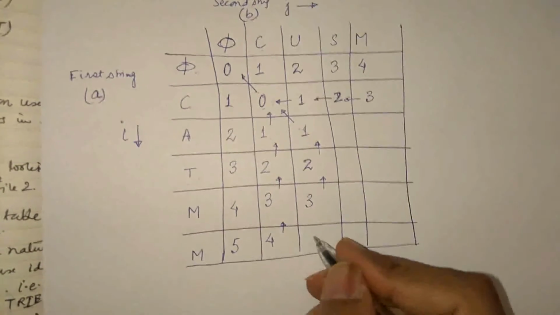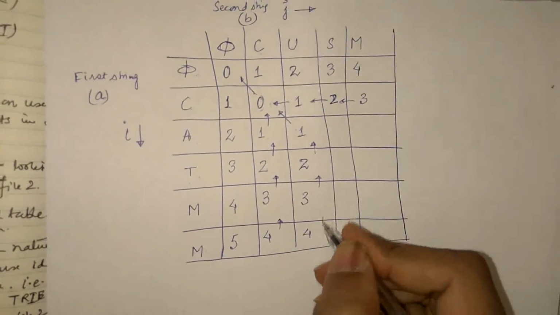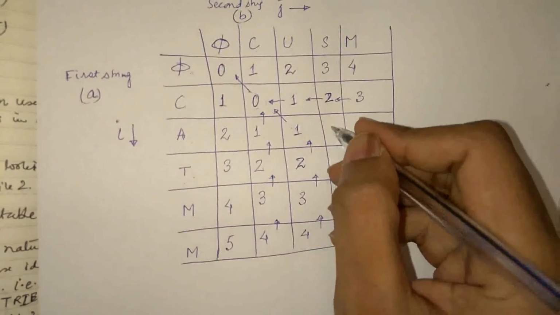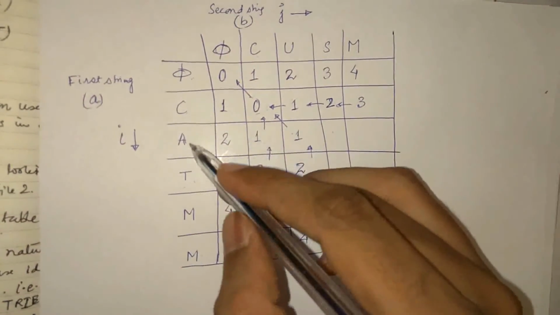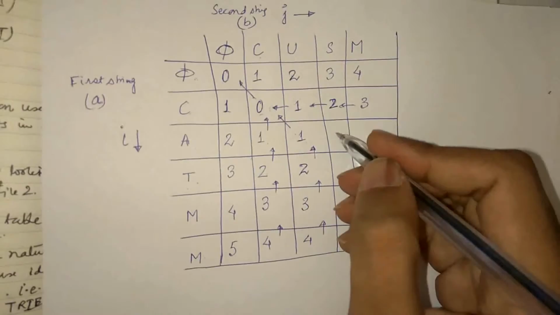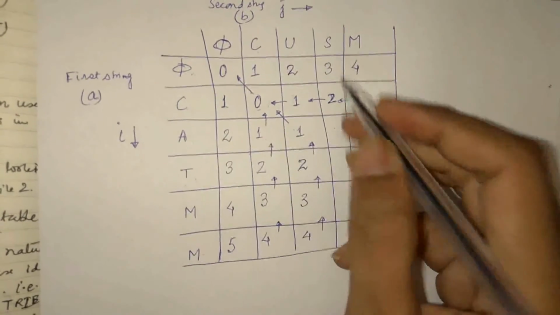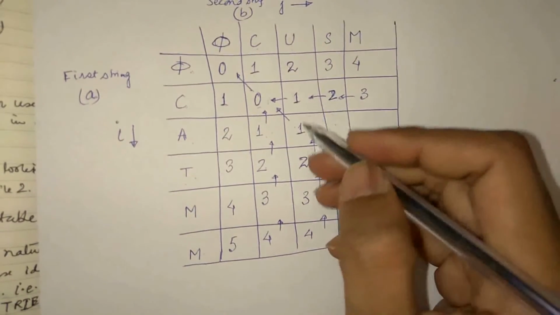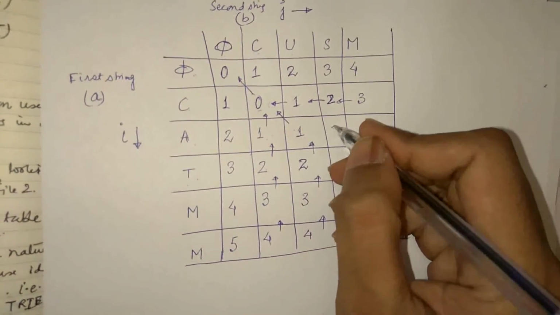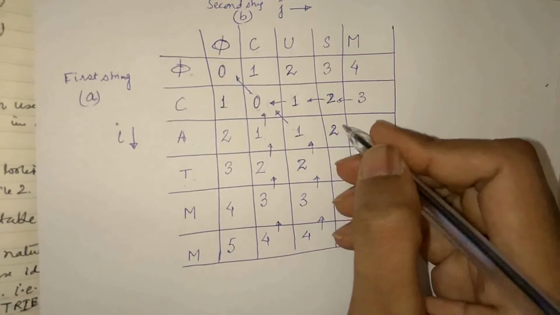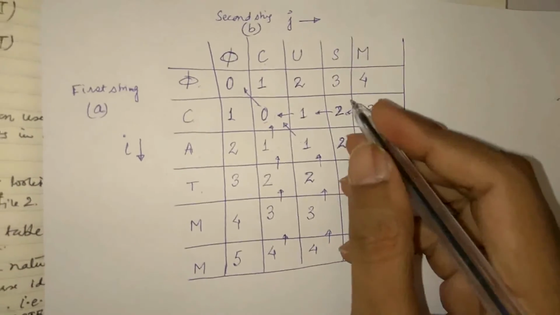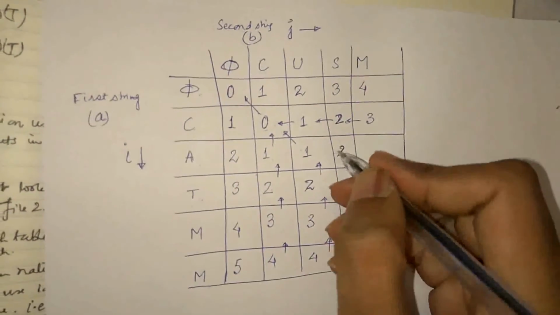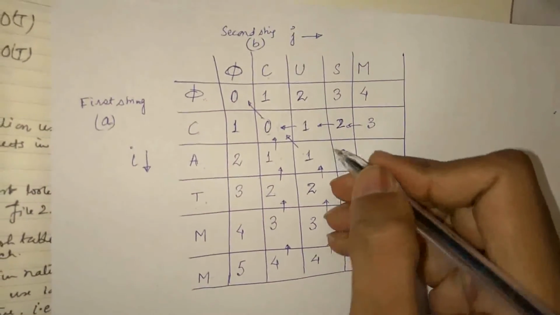This will be 4 because M and U do not match. For this, so far CA and we encountered S, so A and S do not match. Minimum of these 3 is 1, so 1 plus 1 is 2. What we are going to do is insert this S, so insertion will be this cost.